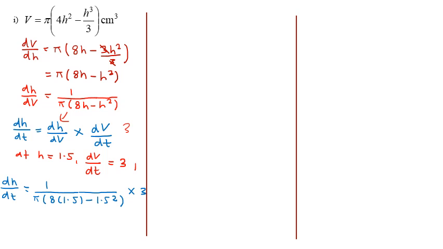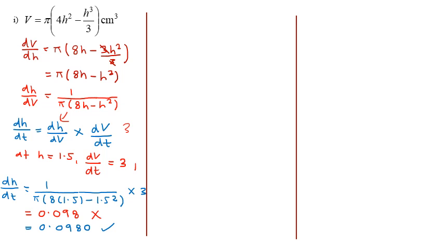So we can straight away find the value of dh/dt. Okay, take note of this answer here. If you press, your calculator will give 0.0979 something, which, if we round up, will be 0.098.